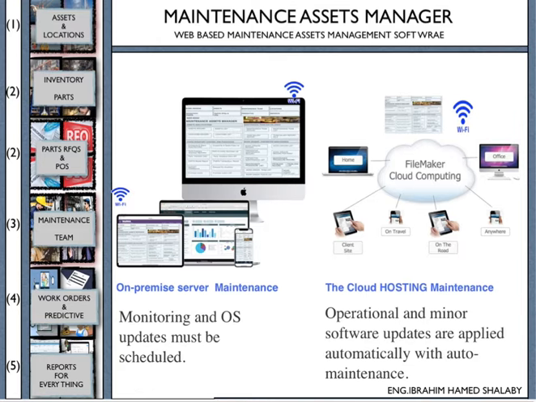Maintenance Assets Manager hosting. Deployment. On-premise server deployment requires time to set up hardware, install the operating system, and install and configure FileMaker Server software. The cloud hosting deployment needs no server software or hardware. Deploy Maintenance Assets Manager in just a few minutes.